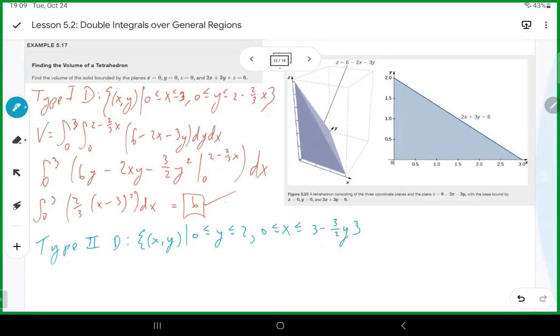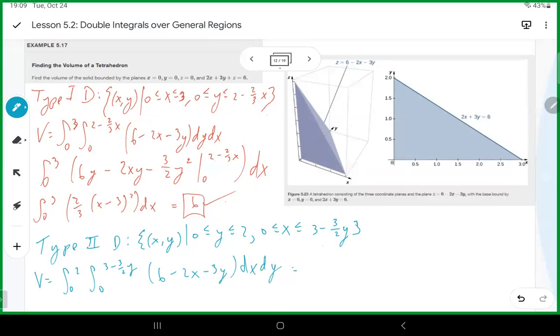So in this situation, the volume is the integral with dx dy.